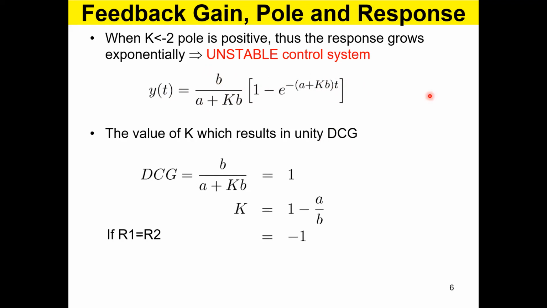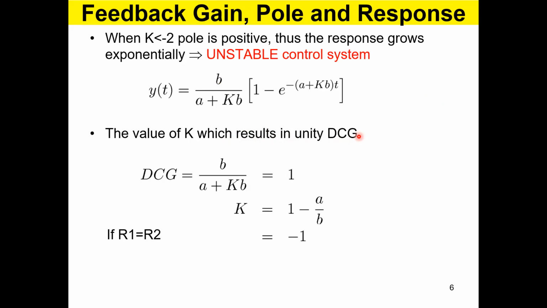So now what are the other interesting points? Let's look at the value of k which results in unity DC gain. I think this is one of the priorities, objectives, to have unity DC gain, which means the input is equal to the response. You get the same level at the output.